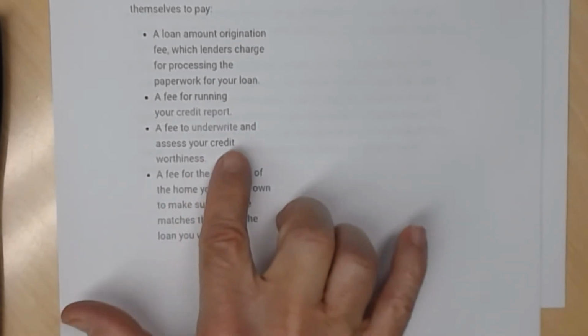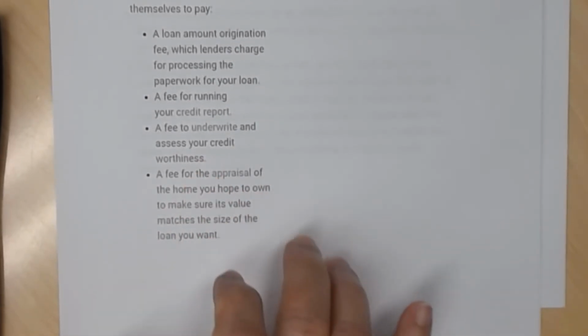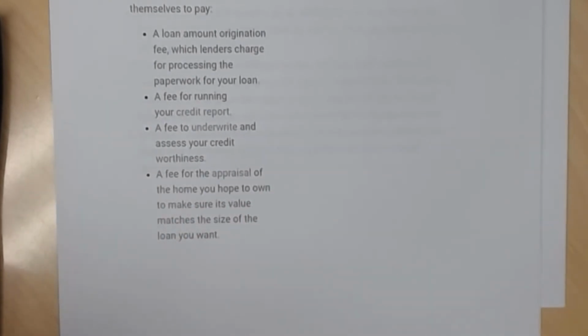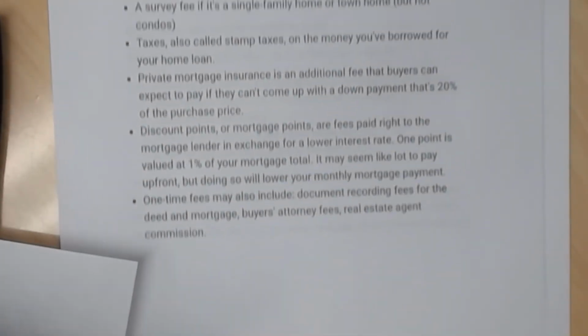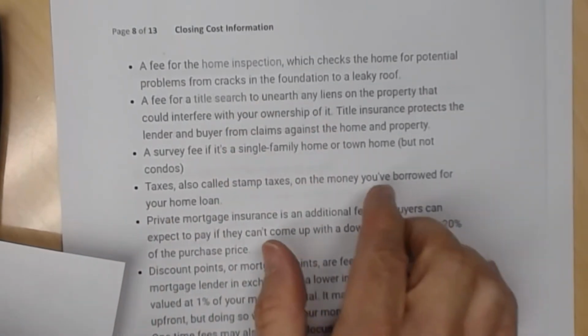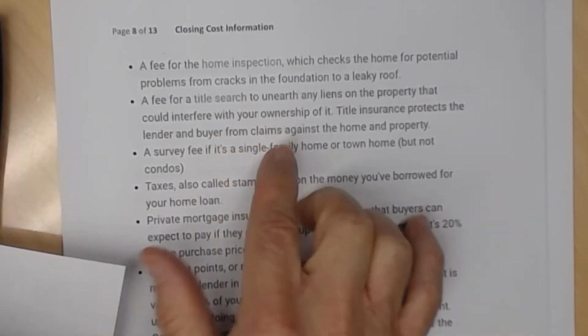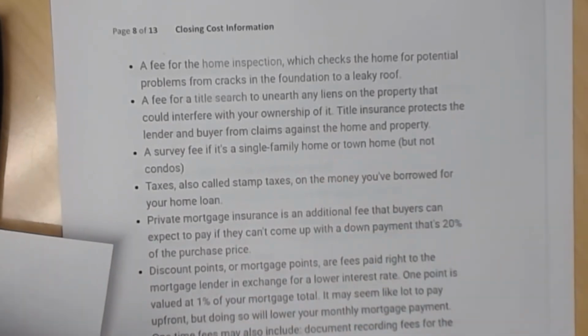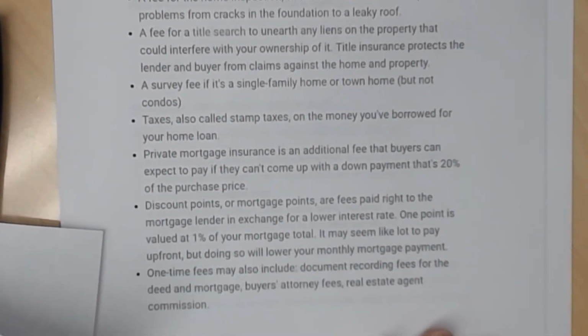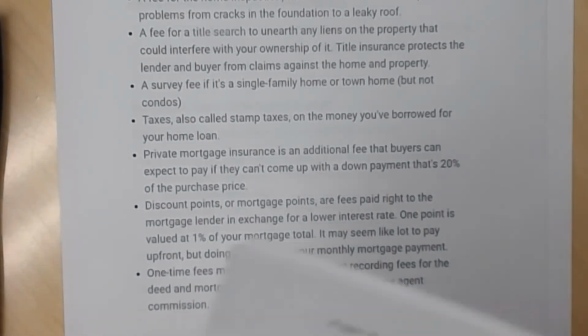A fee to underwrite and assess your creditworthiness, a fee for the appraisal of your home. The home you want to get does have to be appraised. There are all kinds of other fees. You have to have a home inspection, a fee for title search to see if there are any liens against that property, and so on. So there are quite a few fees that you have to pay.